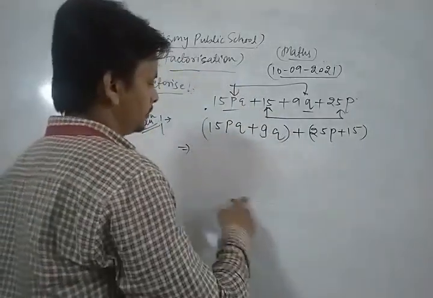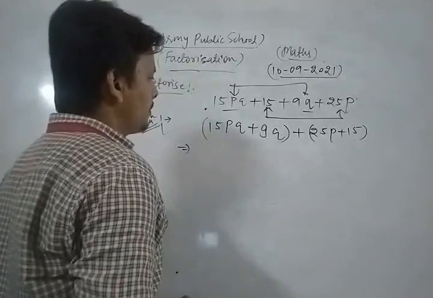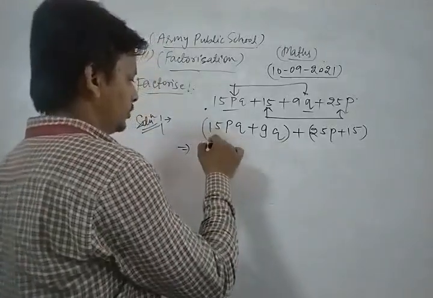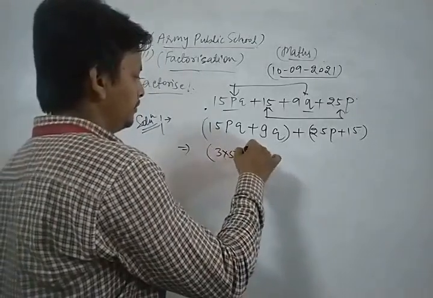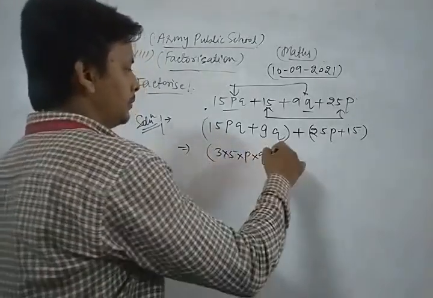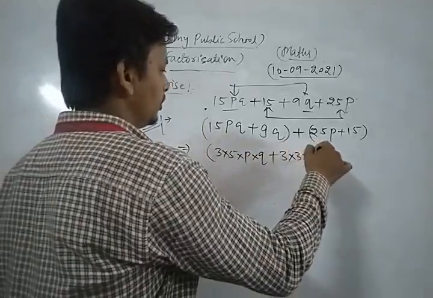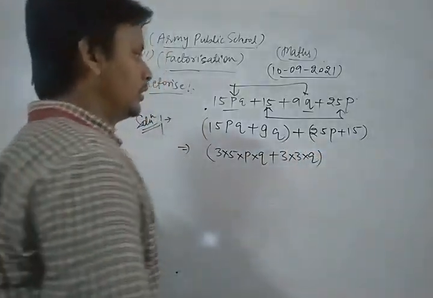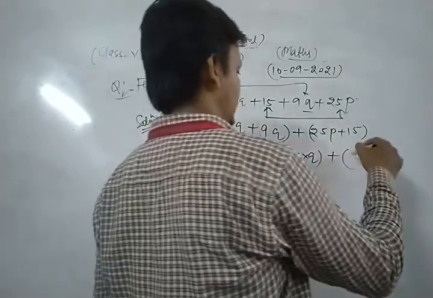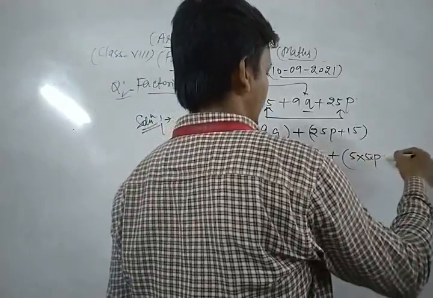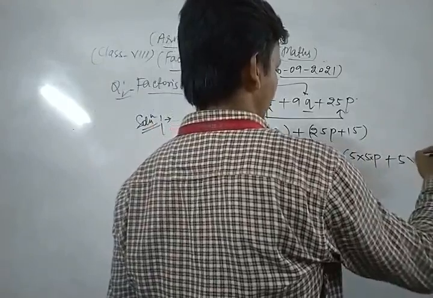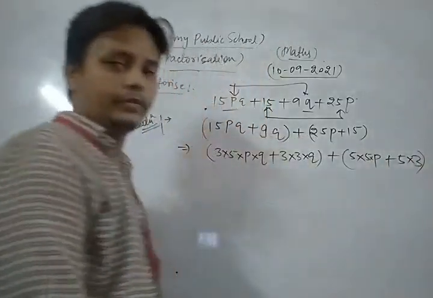So we can write 3 into 5 and p into q as it is, plus 9 you can write 3 into 3 into q is left, and plus this is 5 into 5p, and plus this is 5 into 3 is left.